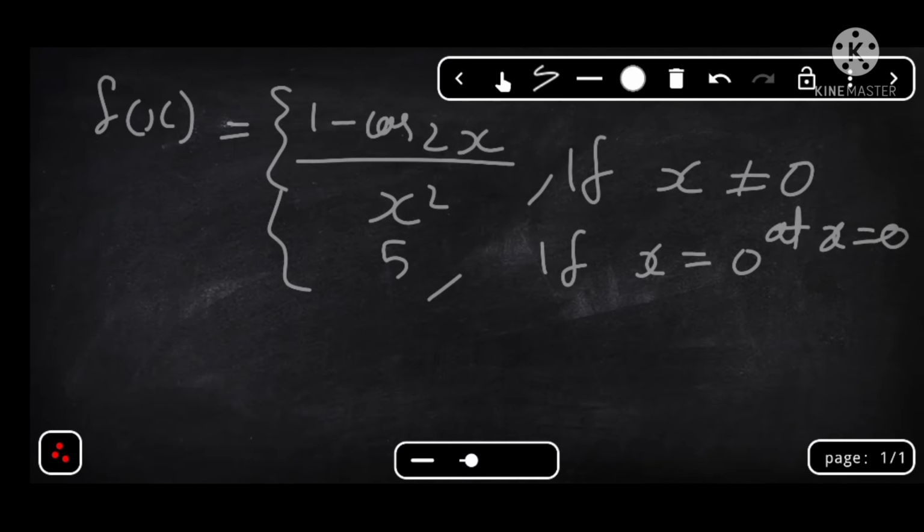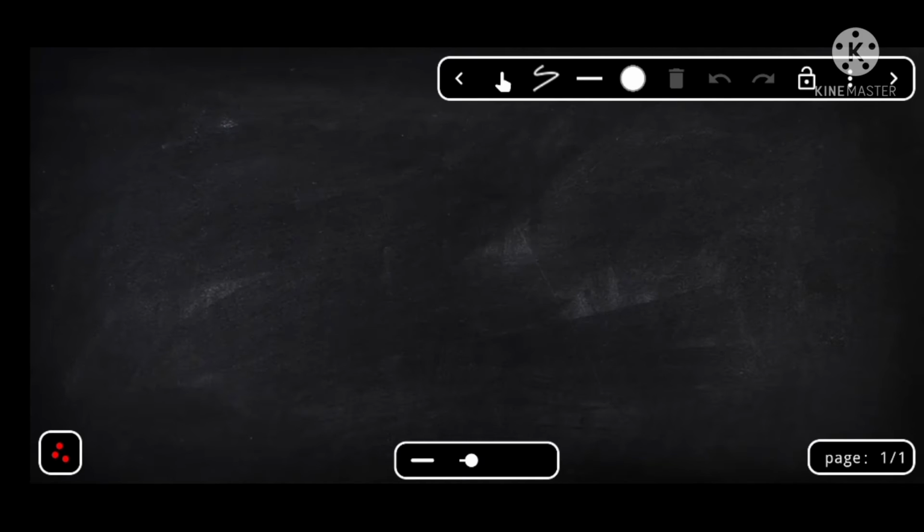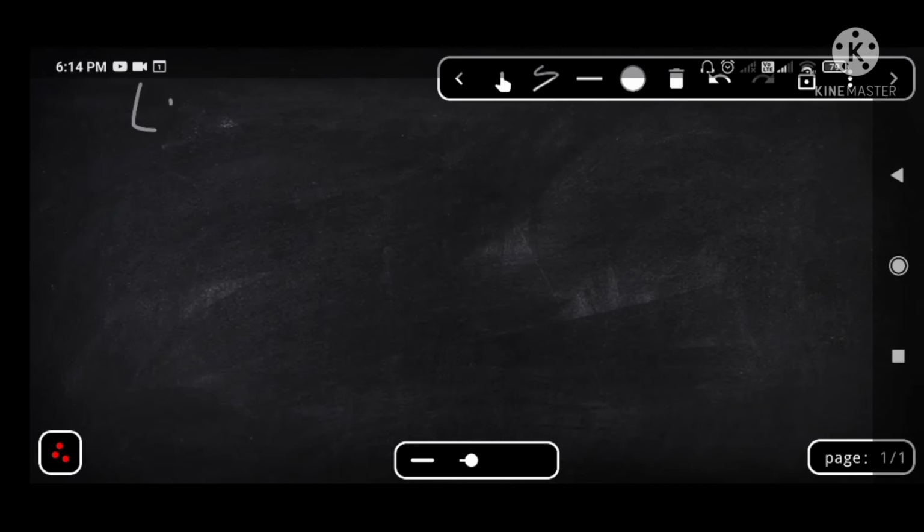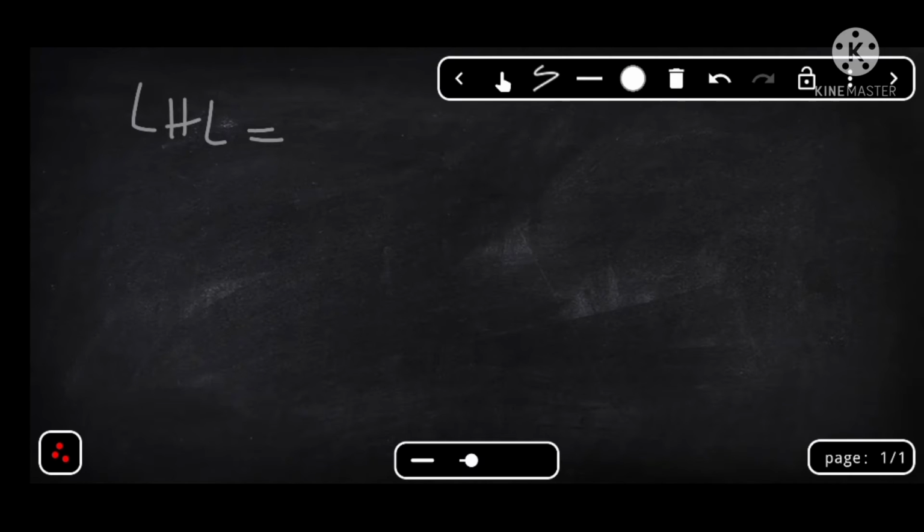f of x equals 1 minus cos 2x by x square if x is not equal to 0, and 5 if x equal to 0. So we are going to check whether f of x is continuous at x equal to 0. So let's start. LHL equals limit x tends to 0 minus. 0 is the point at which we are checking the continuity.